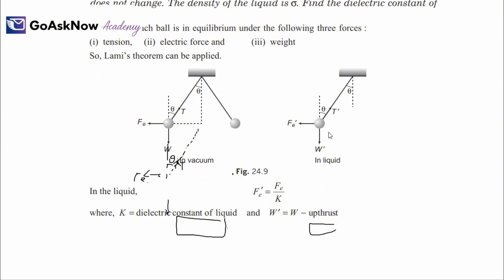W dash will be what? One weight is acting on this ball, and here the buoyancy force or upthrust force will act. So its resultant, W minus upthrust, is W dash. Okay, let's move further and see the further calculation.